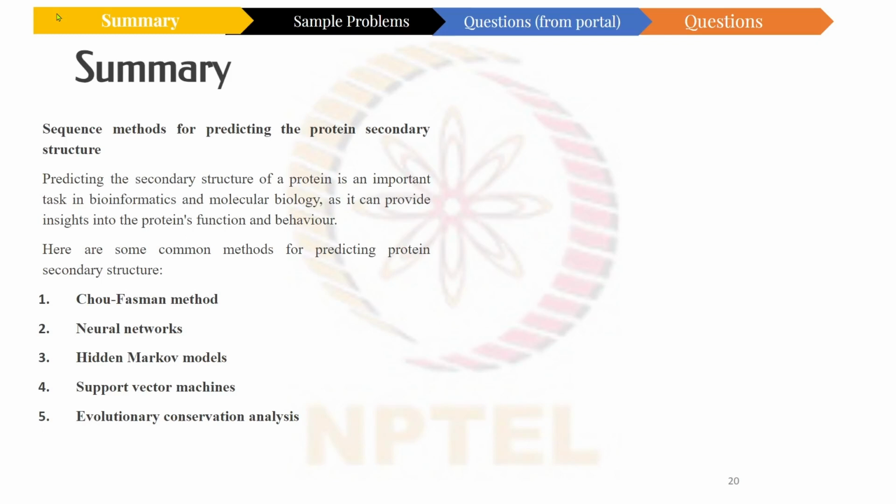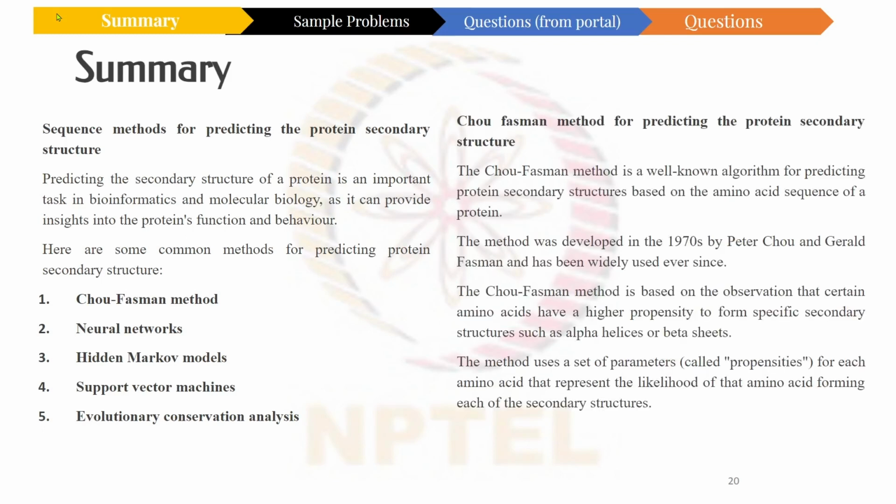These methods predict by calculating the energy of each possible secondary structure using molecular mechanics calculations. There are also hybrid methods, which are a combination of the above methods and are considered to be higher in accuracy of predictions. One such sequence-based method I will be discussing today is the Chou-Fasman method.